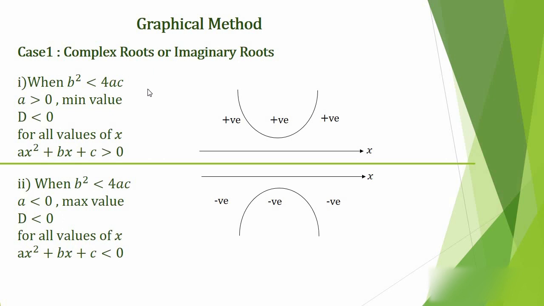Now, D discriminates quadratic functions depending on the type of roots they have. It distinguishes the quadratic function depending on the type of roots they have. Now, we see that in this case, where we have complex roots where D is less than 0, the curve does not touch or meet the x-axis. It's above or below the x-axis.